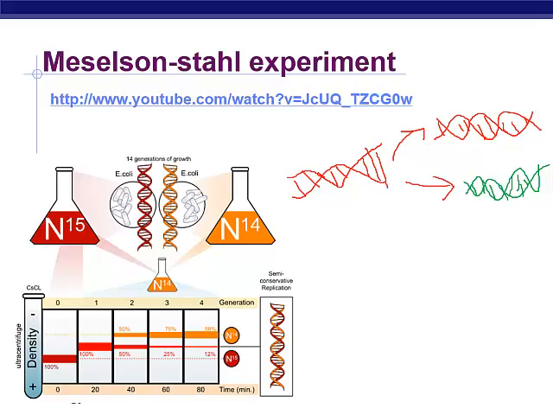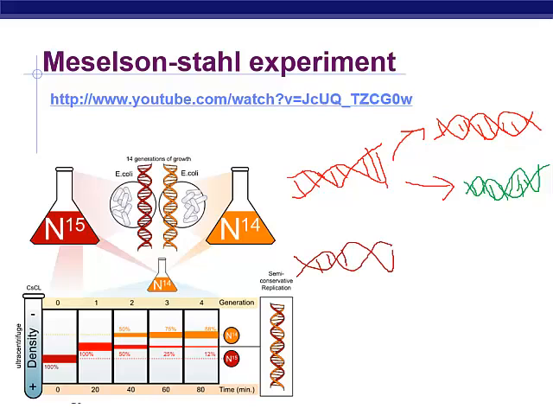This is one of the theories. This theory is called conservative replication. We're completely conserving the old strand, and we're like basically photocopying to make a new strand of DNA or a new double helix. Conservative.